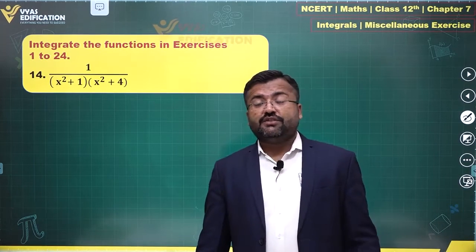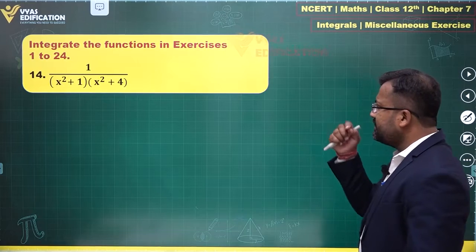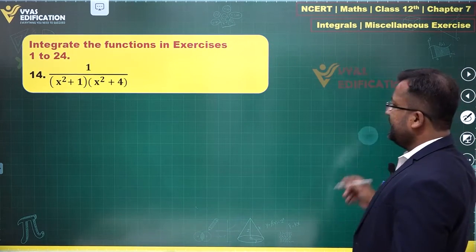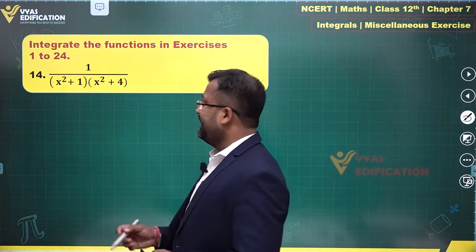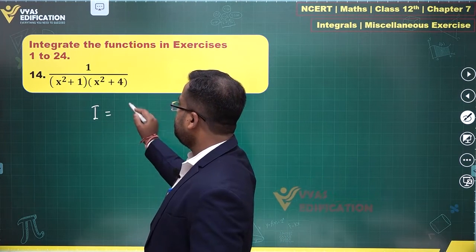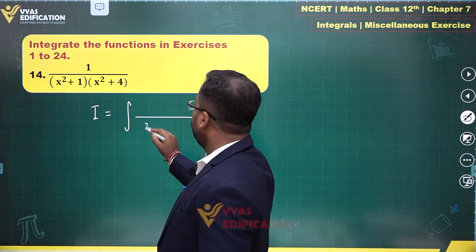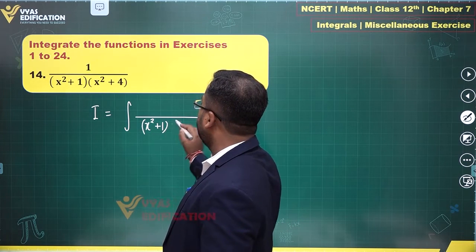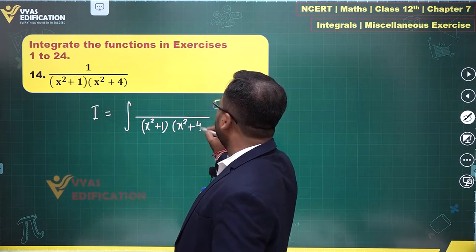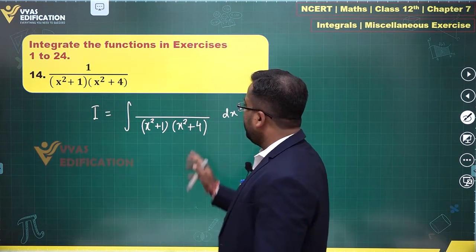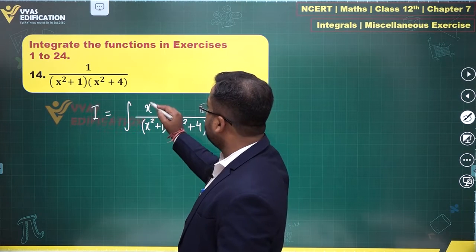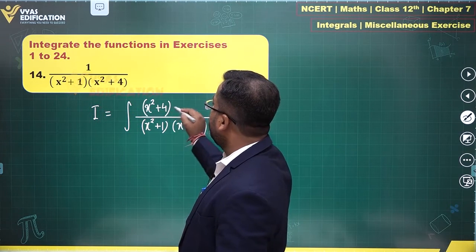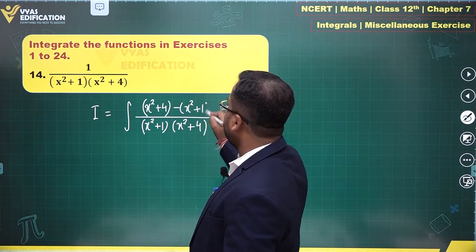In the 14th question, we have 1 upon x square plus 1, x square plus 4. This can again be manipulated to break into two parts, which we can easily integrate. x square plus 1, x square plus 4 dx is what I have, and the difference of these two is a constant. So x square plus 4 minus x square plus 1, I'm taking the difference.